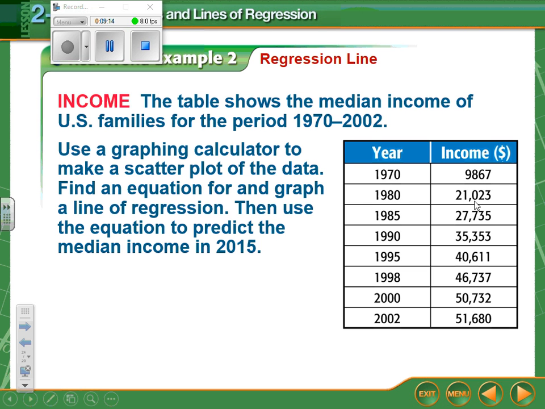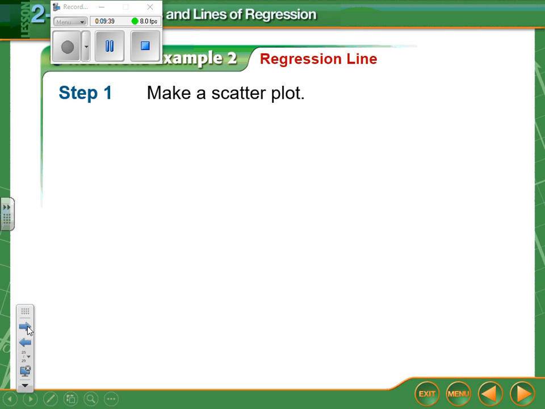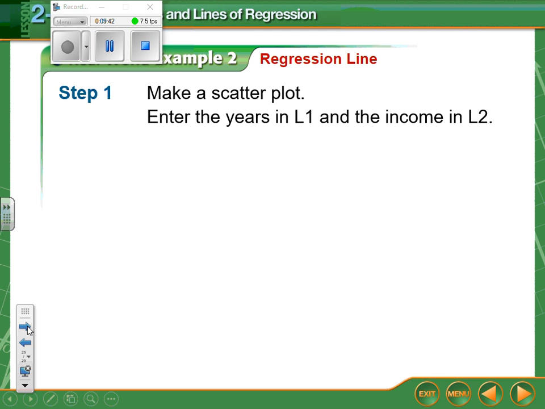In 1980, $21,000. 1985, $27,000. 1990, 1995, 1998, 2000, 2002, the median income was $51,680. So it's steadily increasing. So this should have a positive slope, positive correlation. We want to make a prediction of what's going to happen in 2015.